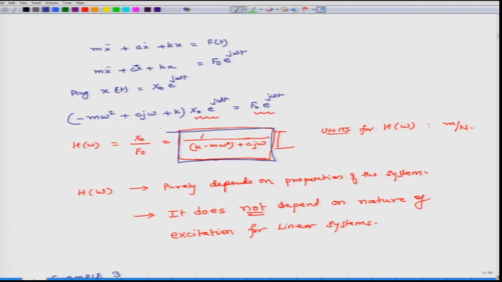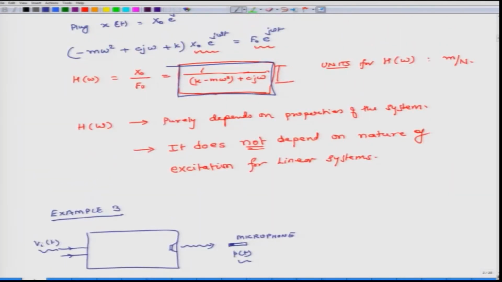We will consider it as an illustration. It has in the numerator the number 1, and in the denominator it has k minus m omega square plus c j omega.